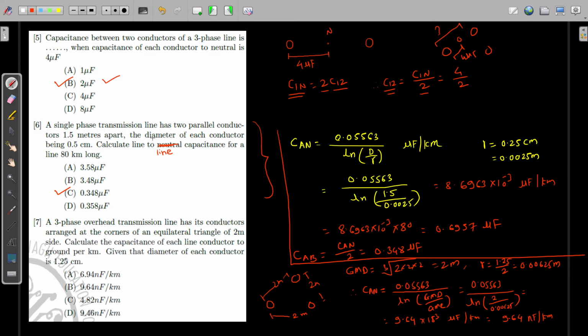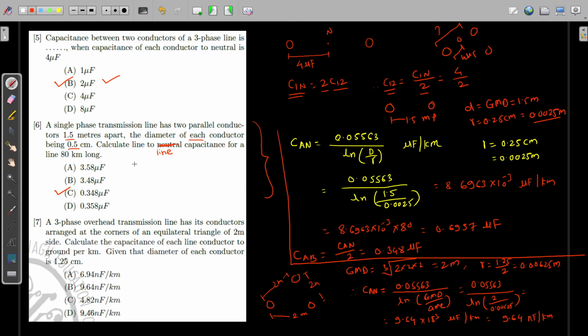A single phase transmission line has two parallel conductors 1.5 meter apart. The diameter of each conductor is 0.5. The distance between the two conductors is given as 1.5 meter, so distance D, that is the GMD, is 1.5 meter, and the conductor has a diameter of 0.5 centimeter, meaning radius is 0.25 centimeter, that is 0.0025 meter.